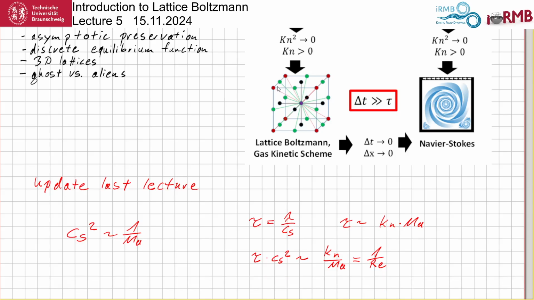And this is so because, of course, what I wrote is not correct. The speed of sound squared is proportional to 1 over Mach number squared. Now, if you put this into here, then it becomes clear that it's the Knudsen number over the Mach number, because otherwise it doesn't end up the right way.